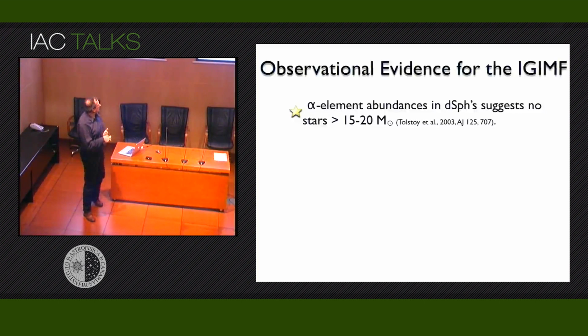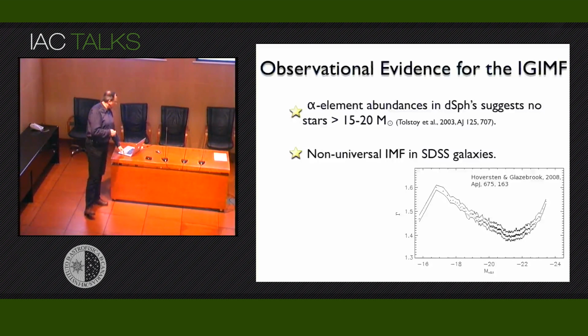One hint could be that, for example, in this Tolstoy paper, they found in dwarf spheroidal galaxies hints that there had never been any supernova from stars more massive than 15 to 20 solar masses. This could be, of course, also an effect of these metals having been ejected from these galaxies, or they have never formed. That's our idea.